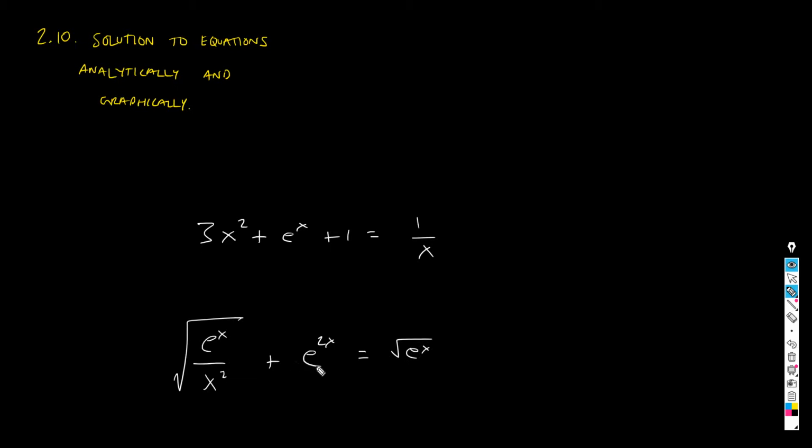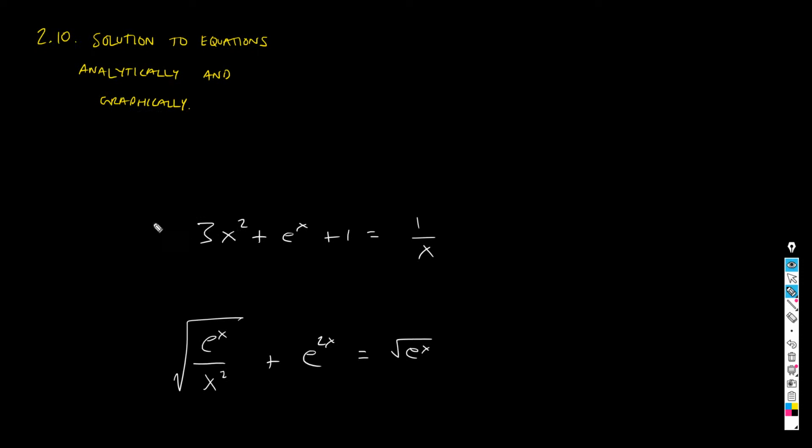Something like this is very complex, and to devise an analytical technique to solve any general equation is very hard to do, extremely hard to do. So basically what scientists and mathematicians do is they go for graphical or numerical techniques.